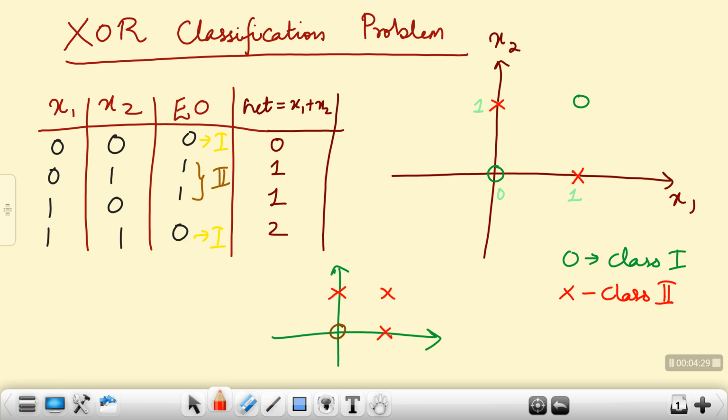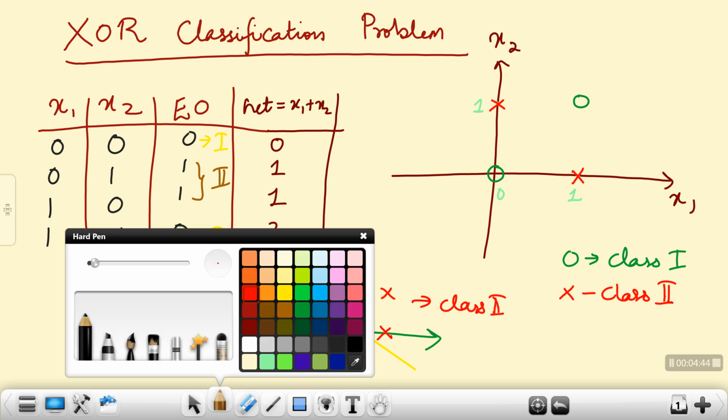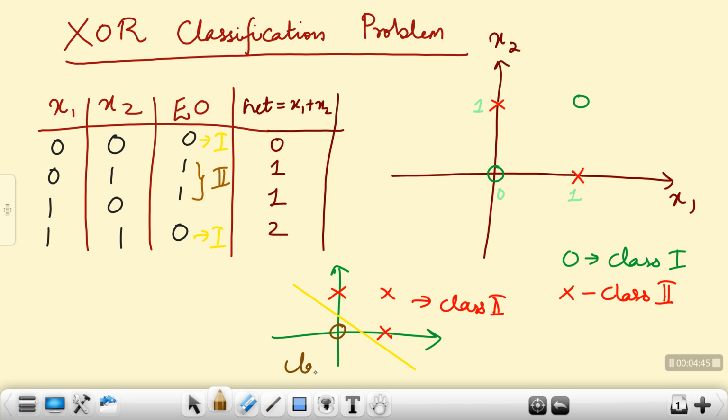So for an OR gate, it is possible to have a line that separates. Here I have drawn a line such that all the x's are on one side and all the zeros are on the other side. The yellow line separates the patterns into class 1 and class 2.